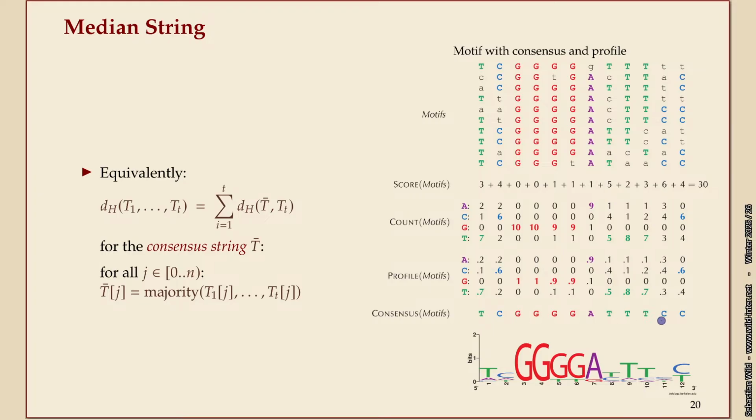Here, because I took the picture from the book, there's other things in between that only come up later. The consensus string is this one down here. It just takes the majority letter, or one majority letter, of each column. And then the total score is the Hamming distance of every row with respect to this consensus string. And of course, you're just counting the lowercase letters first by column, now by rows. If you sum this up in the end, it's the same thing.